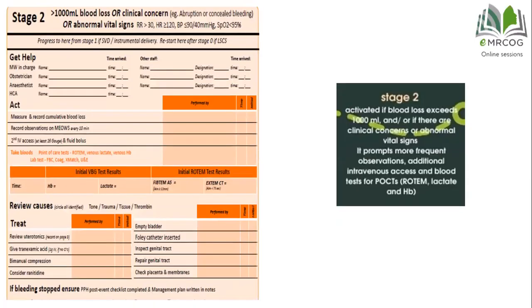Stage 2 is activated if the blood loss exceeds 1,000 milliliters, if there are clinical concerns or abnormal vital signs. It's going to prompt more frequent observation, additional intravenous access, and blood tests like the ROTEM, lactate, hemoglobin, and so on.